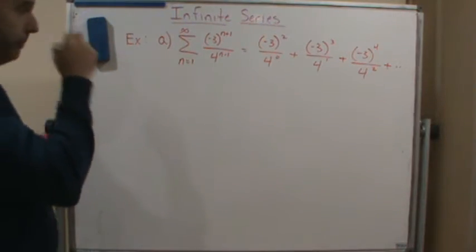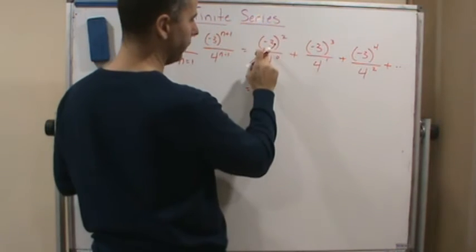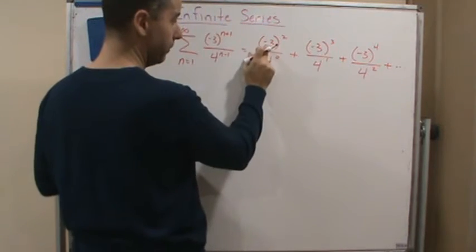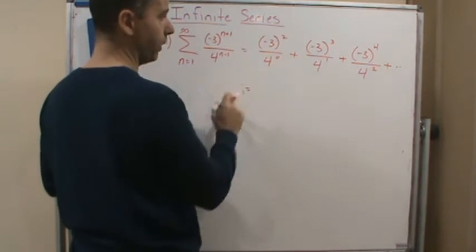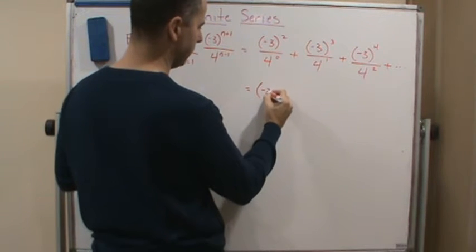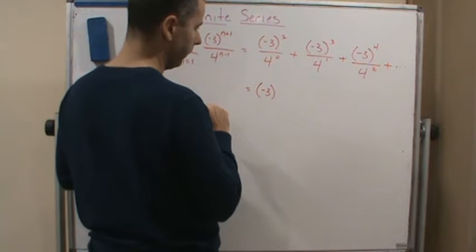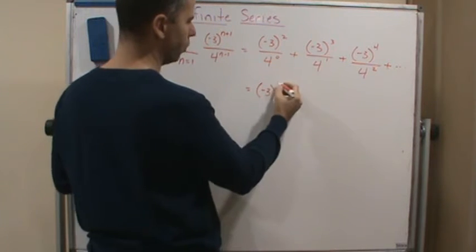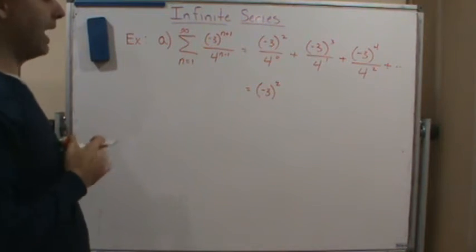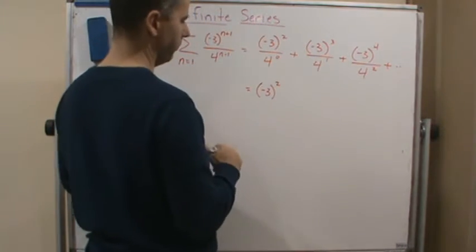Okay? So if we rewrite this, it's got a common factor of negative 3 squared, right? So I'm going to bring it out to the front is what I meant.